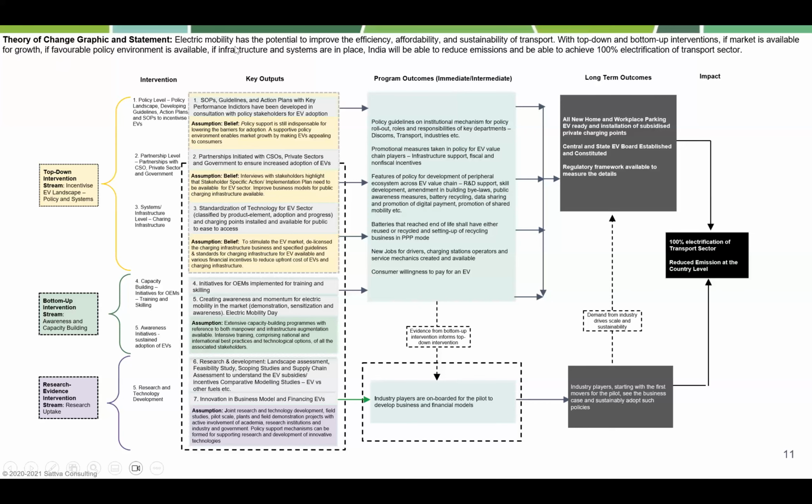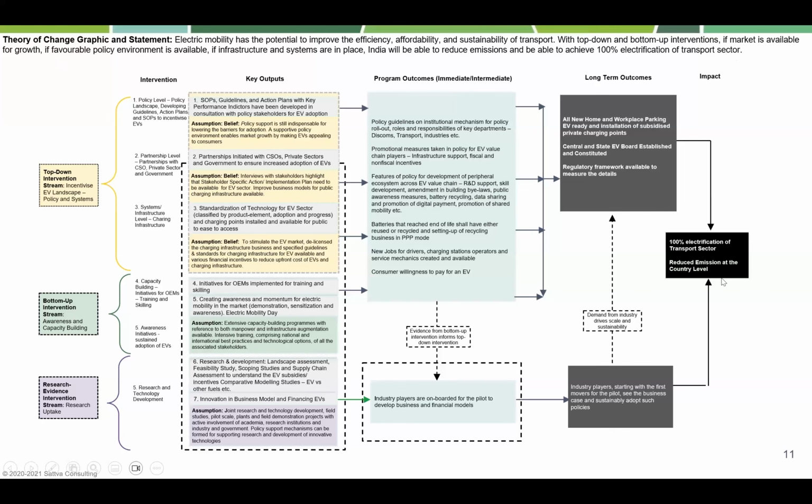What I mentioned is that electric mobility has the potential to improve the efficiency, affordability, and sustainability of transport. This is a statement. Then I put the top-down and bottom-up interventions I am currently doing: if the market is available for growth, if a favorable policy environment is available, if infrastructure and systems are in place, then maybe 100% electrification of the transport sector is possible.